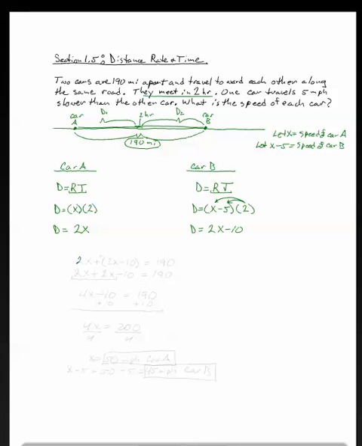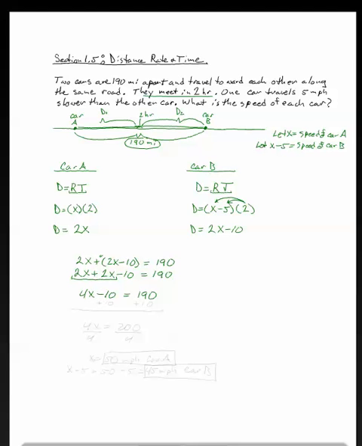So our equation is 2x plus 2x minus 10 equals 190. There's nothing to distribute in front of this set of parentheses, so I drop them. 2x plus 2x minus 10 equals 190. Combine like terms, and I get 4x minus 10 equals 190.